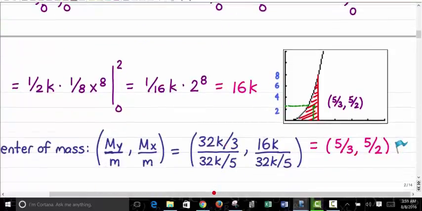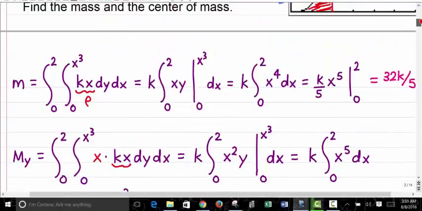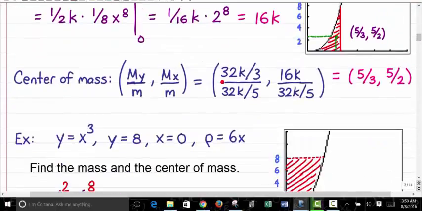So to calculate your actual center of mass coordinate, your m is 32k over 5. We got that back up here first. And your my moment, which actually goes in the x position, is 32k over 3. And then your mx moment right here is 16k.